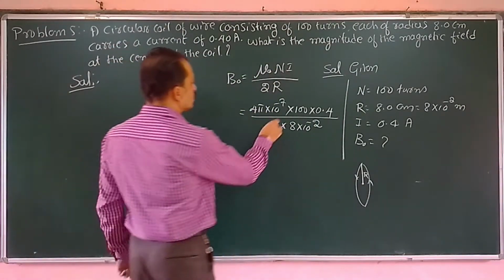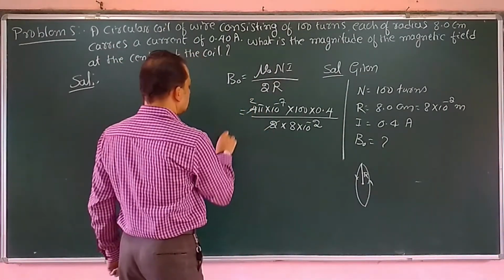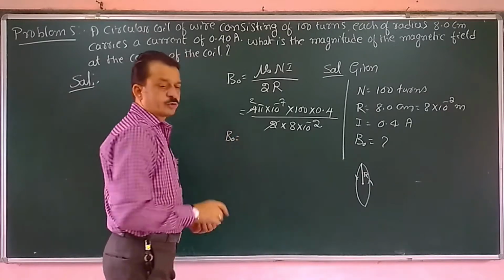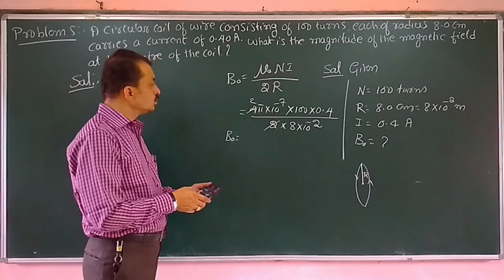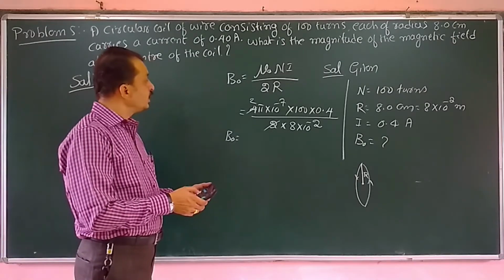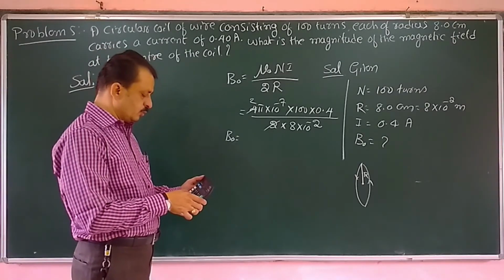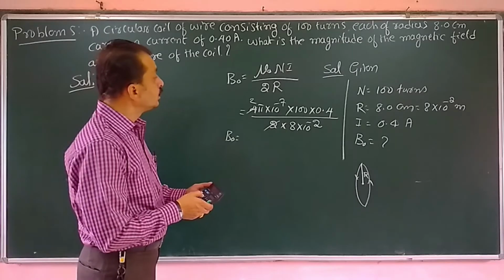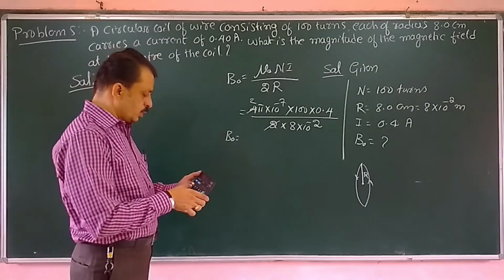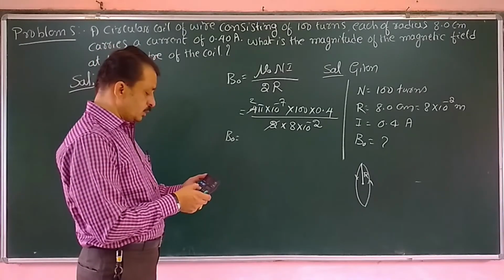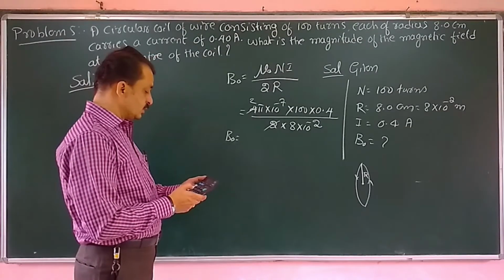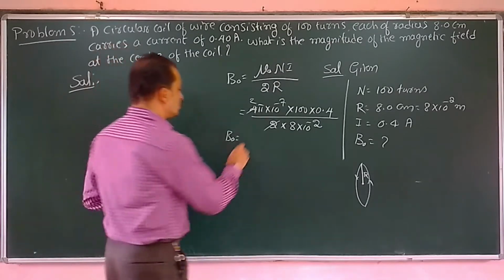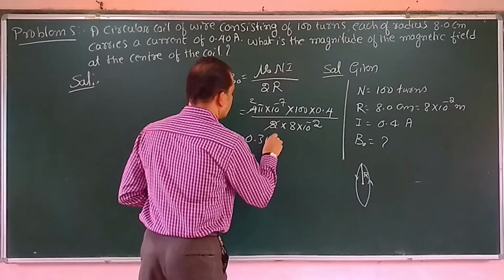So the 1s and 2s cancel. Therefore B naught is equal to, if you take the calculator and simplify, 2 into pi 3.14 into 0.4 divided by 8. That is equal to 0.314, I am getting.